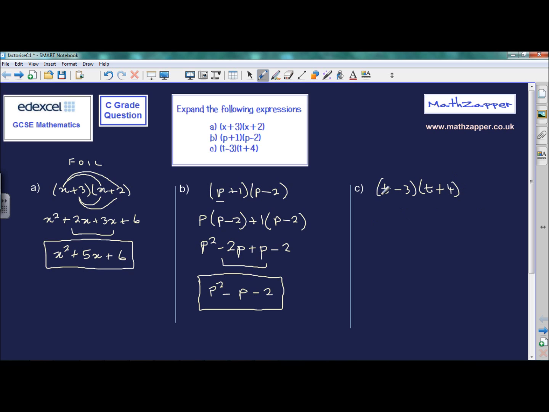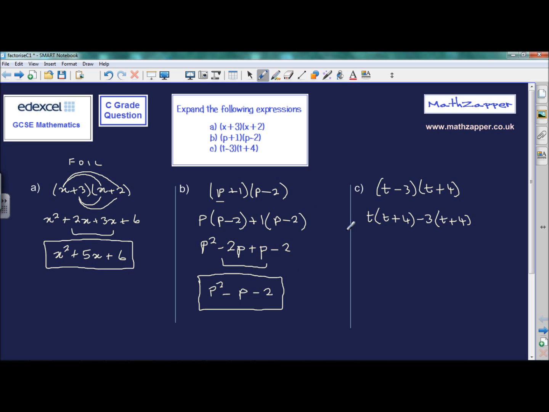So the first bracket is broken into its component parts, which is t, and then we multiply by the second bracket, t plus 4. Last component part of the first bracket is minus 3, all multiplied by t again, plus 4.